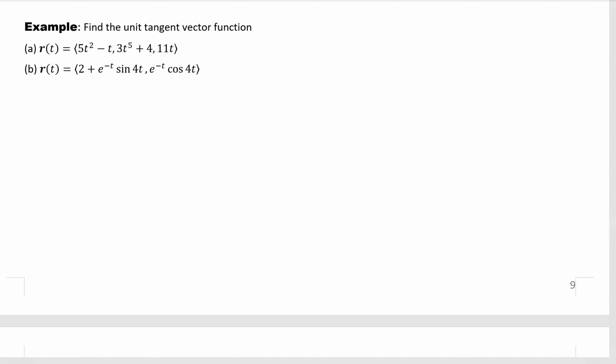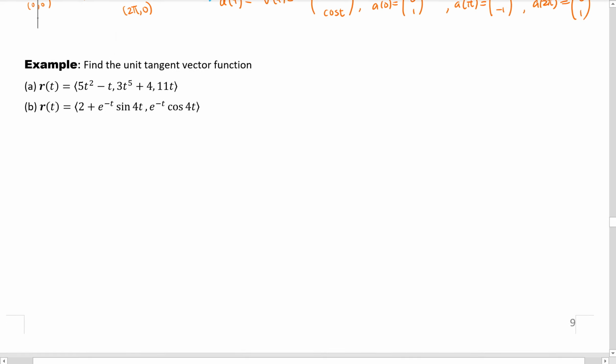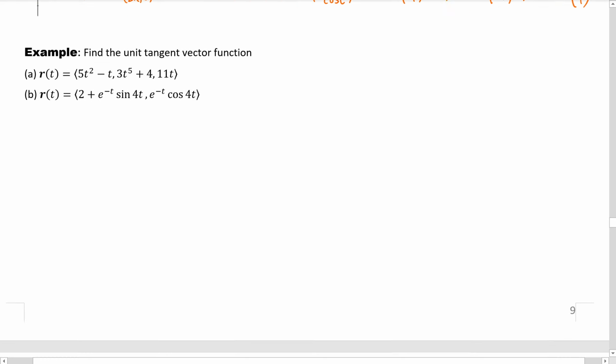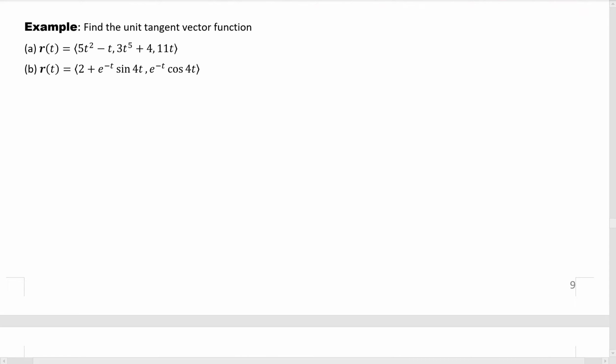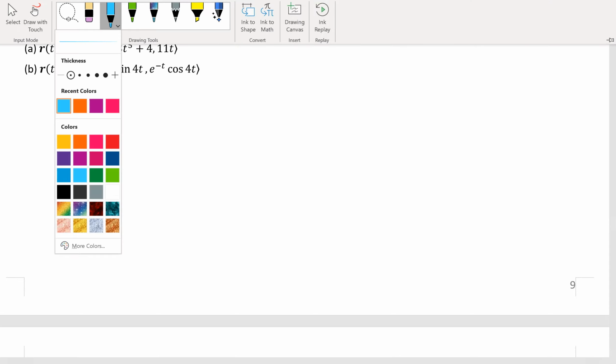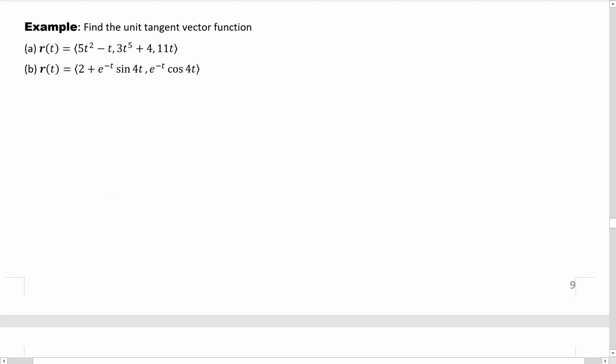Next example, we want to find a unit tangent vector for functions. The first one: in order to find a unit tangent vector, we need to find a tangent vector first, right? So to find the tangent vector, we want to take the derivative of that. v of t is the derivative of each coordinate.